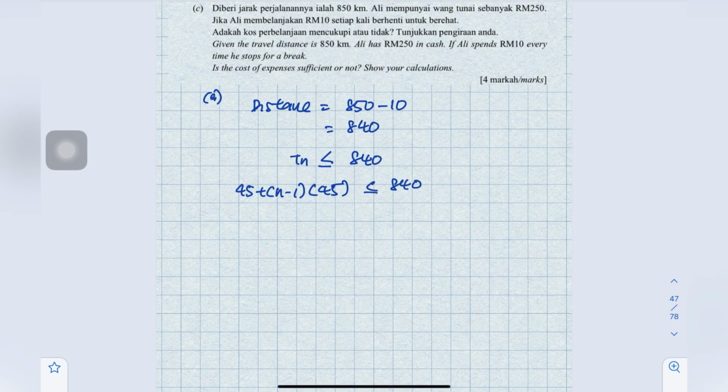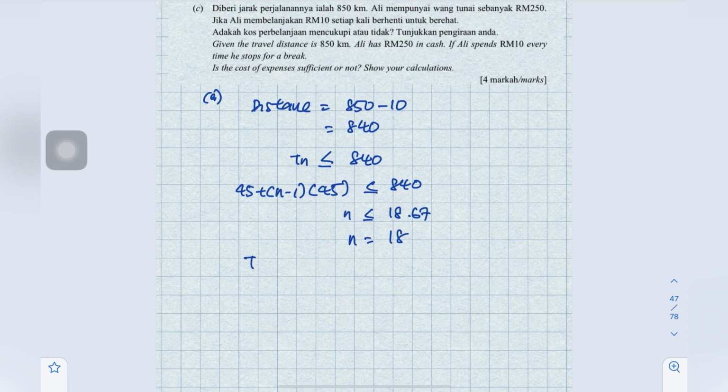So we will get N less than or equal to 18.67, so N equals 18. But N is the number of terms, whereas for pit stops we need to add 1. So the number of pit stops is 19.